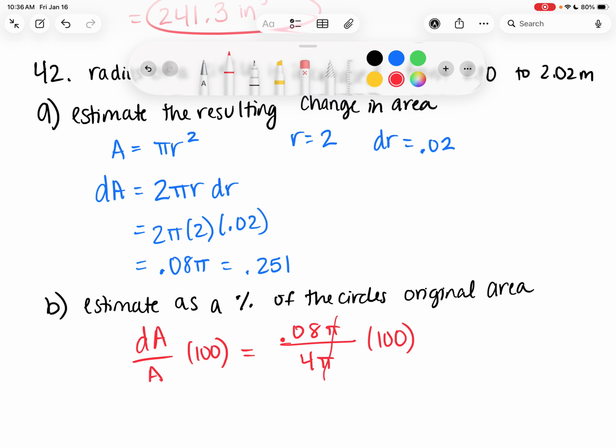So pi's cancel, 0.08 divided by 4 times 100, and that ends up giving me 2%. So the change in area is essentially a 2% difference from the original area. So, not too bad. Any questions on those ones?